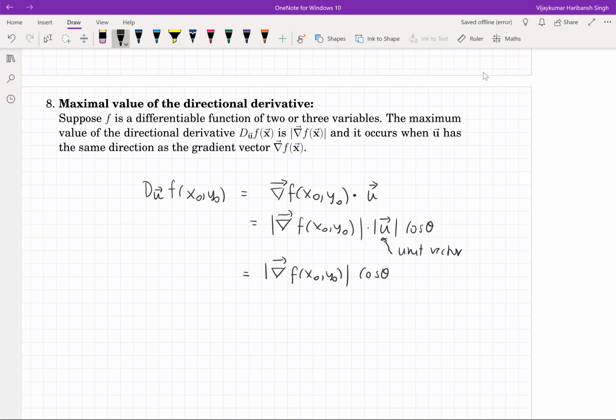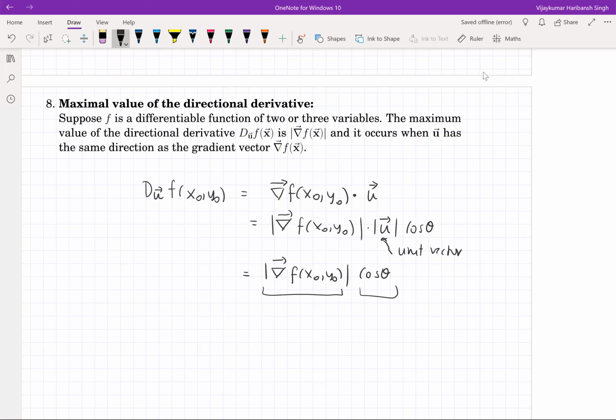So now when you look at this, one thing becomes clear: what is the maximum value of the directional derivative? You have the length of this times cos theta. This is maximum when cos theta is 1, right? And when does the maximum appear? The maximum appears when theta is 0.